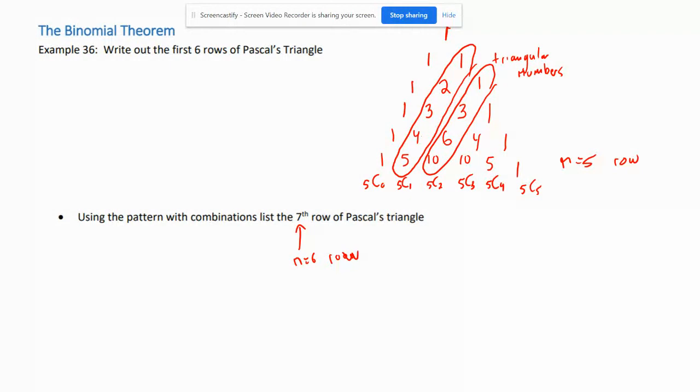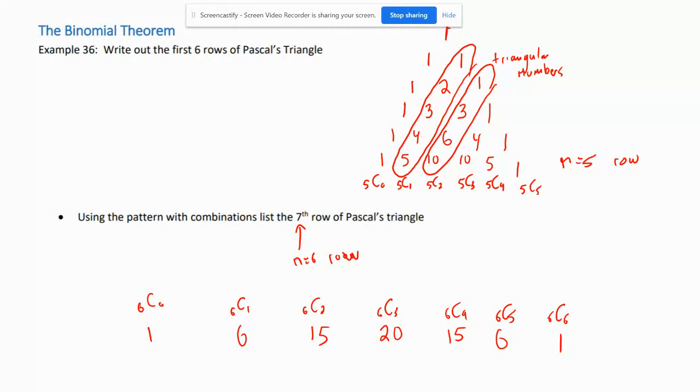Well, what's this going to be? It's going to be 6 choose 0, 6 choose 1, 6 choose 2, 6 choose 3, 6 choose 4, 6 choose 5, and 6 choose 6. This is 1, this is 1, this is 6, this is 6, this is 15, this is 15, and 6 choose 3 is 20.